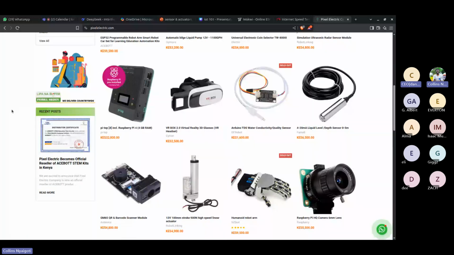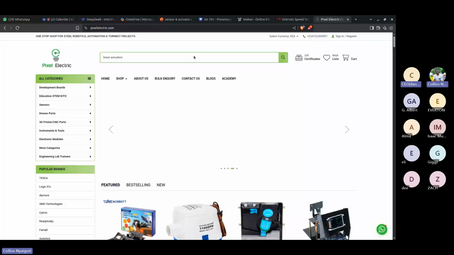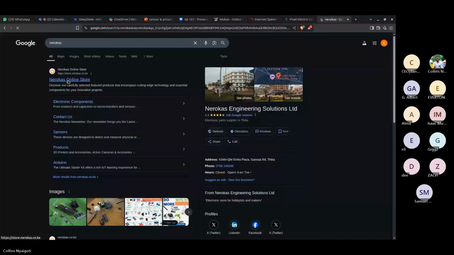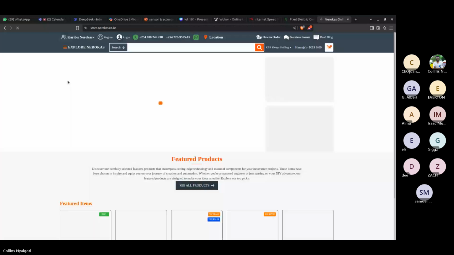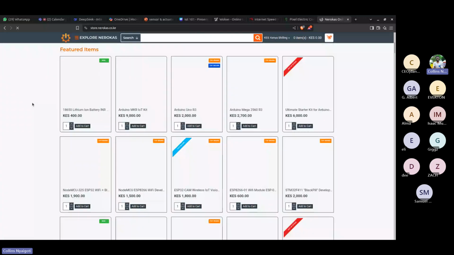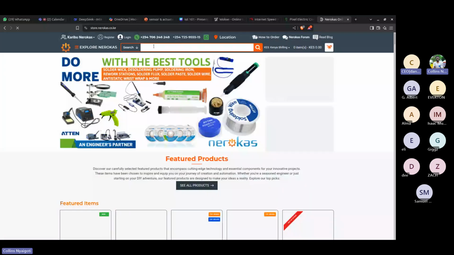There's also another option. There's a company called Nerokas. This is also where you can find linear actuators. But I've noticed that their search bar is not that effective.